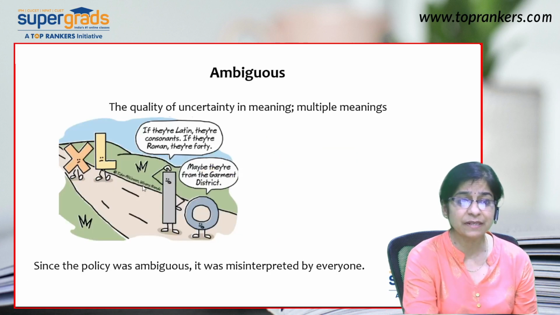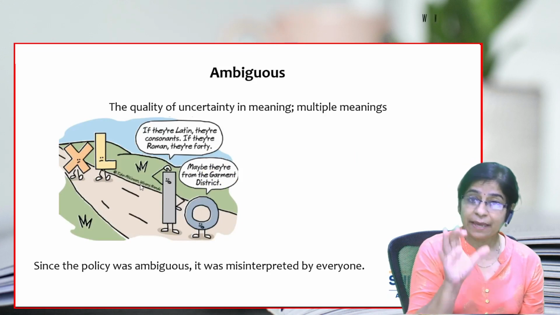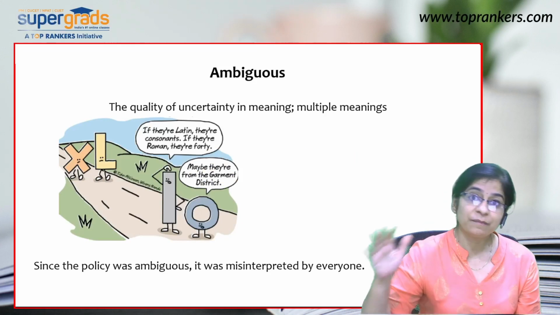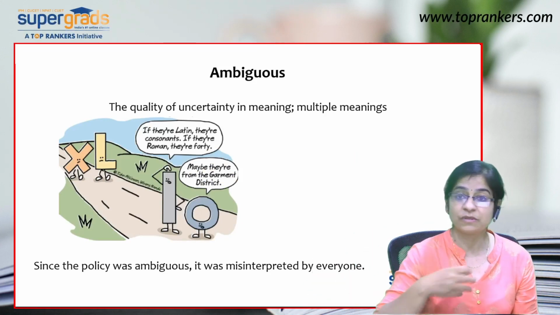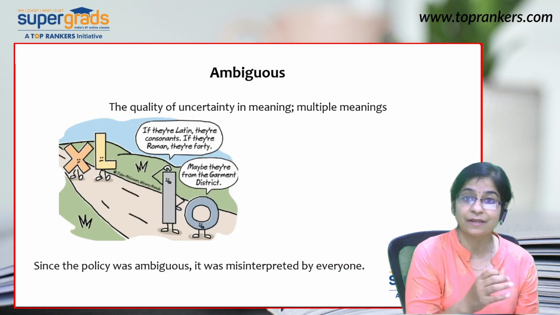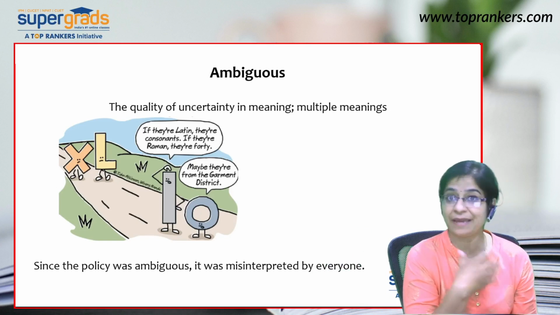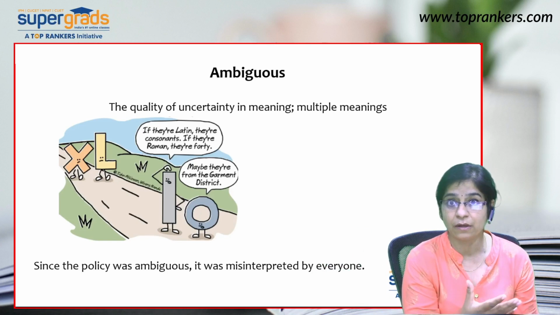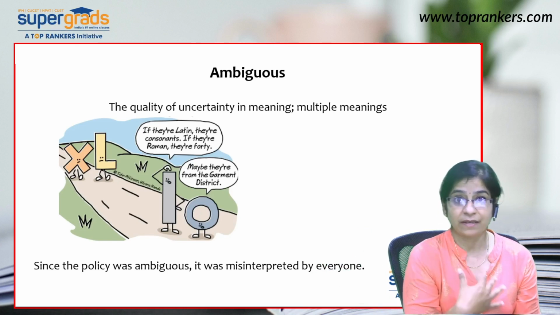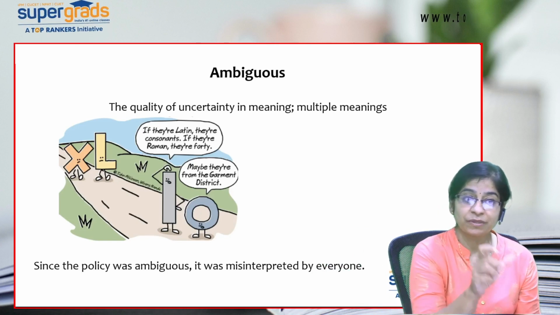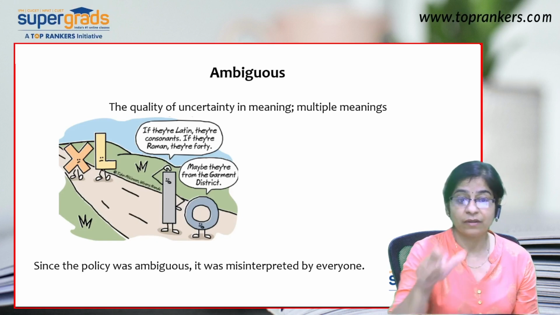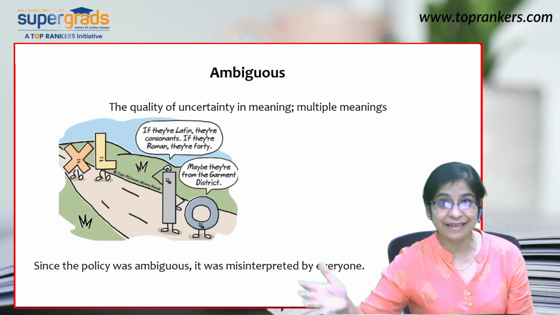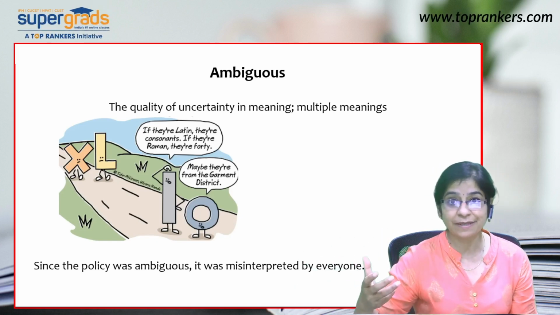The next word: ambiguous. Now, ambiguous or ambiguity simply means not clear. So, something has been said and there is no clarity in the meaning, so it can be interpreted in any manner. So, you interpret in your way, I interpret in my way. So, there is uncertainty in the meaning, or there can be multiple meanings that can be inferred from whatever has been conveyed.